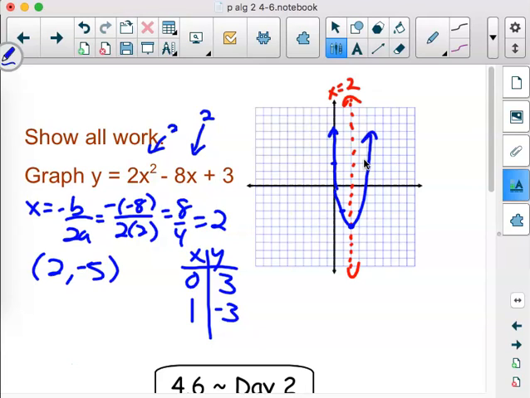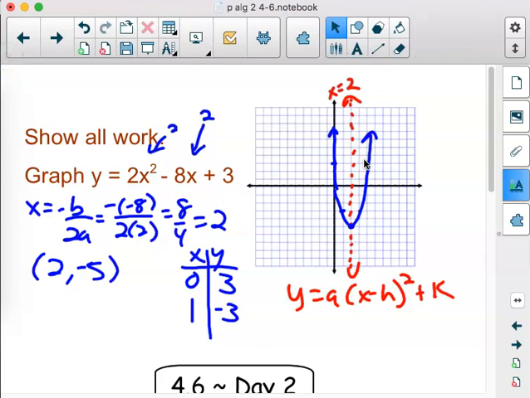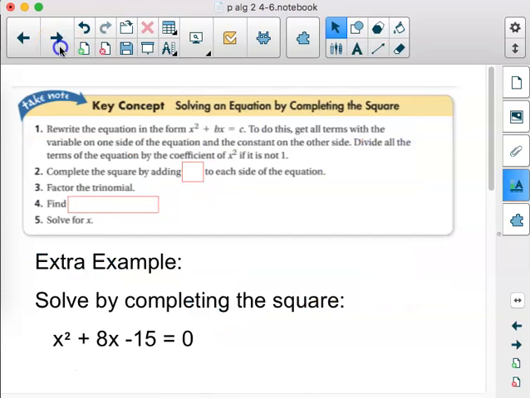Because remember, vertex form has that perfect square in it. So that fits right in with our objective of completing the square today. That's it for today. This is enough to get us a good start and start to remember that b over 2 squared formula.